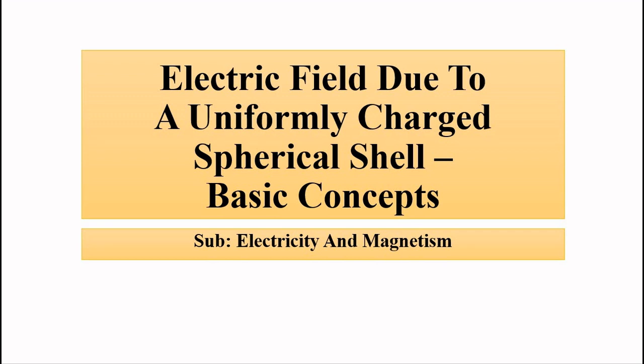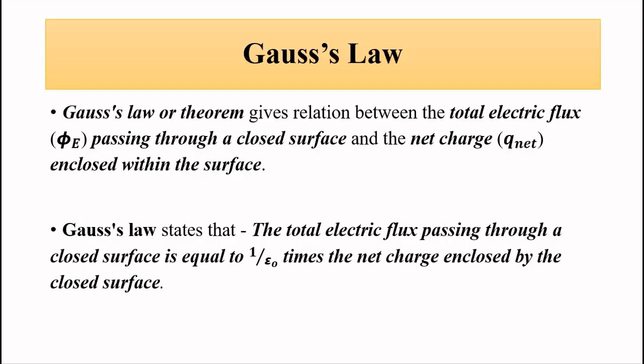We have discussed in the previous videos the general statement which says that the total electric flux due to a charge configuration, taking into account a closed surface, is equal to 1 by epsilon 0 times the net charge enclosed by the closed surface, epsilon 0 being the absolute permittivity.